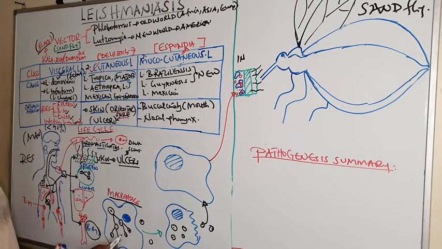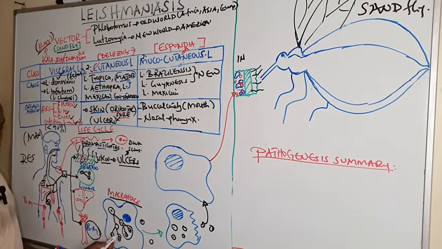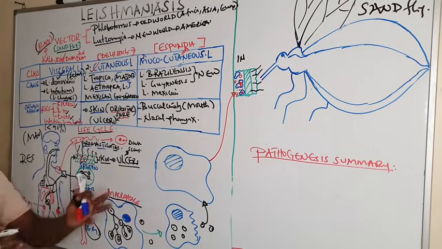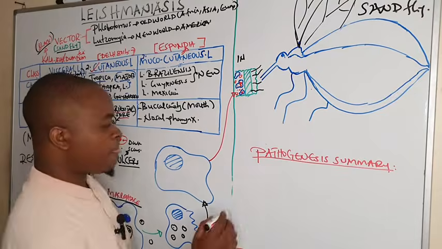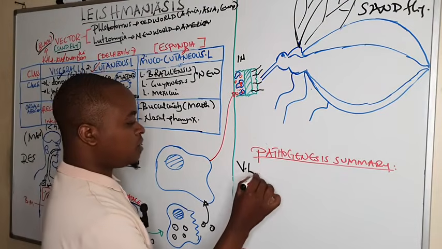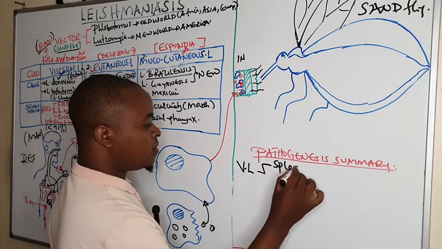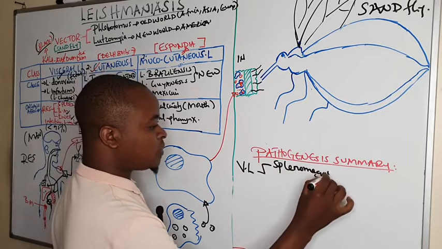Why? Because there is binary fission, multiplication of the amastigotes by binary fission, which can lead to swelling of the gland. And that's why under pathogenesis in visceral Leishmaniasis, we are going to see conditions like splenomegaly, that is the enlargement of the spleen.